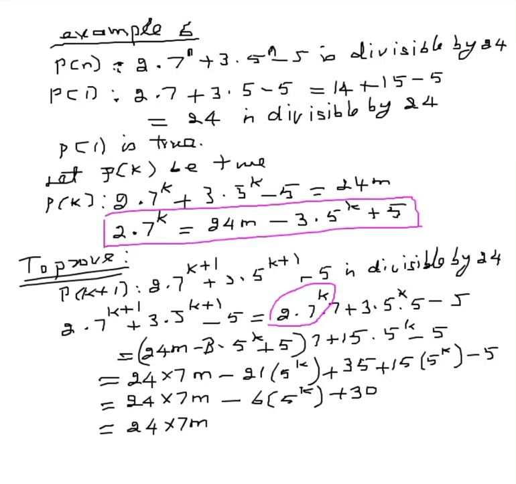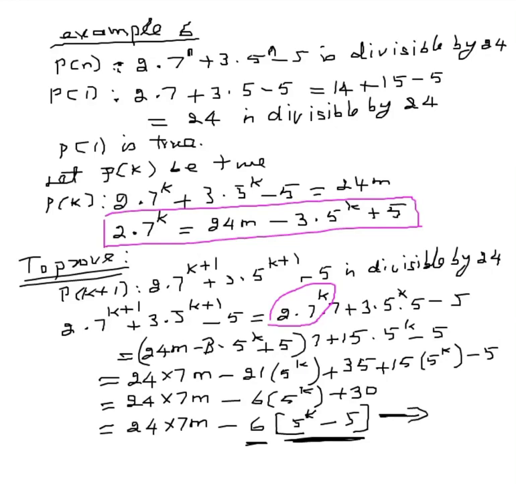So 24 into 7m, here minus 6 is common. We get 5^k, and since we have taken minus 6 out, we have to write minus 5 here. But we need 24 as a common factor. We have only 6 here, so we need to prove that this is a multiple of 4, since 6 fours are 24.